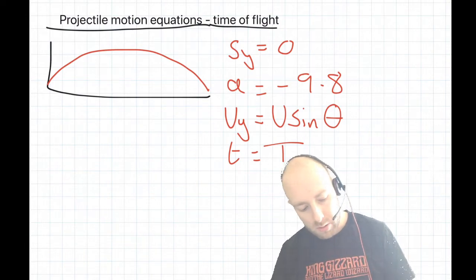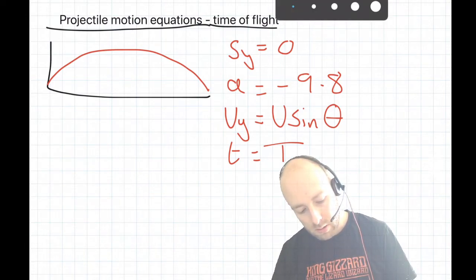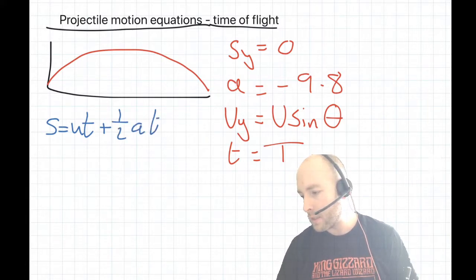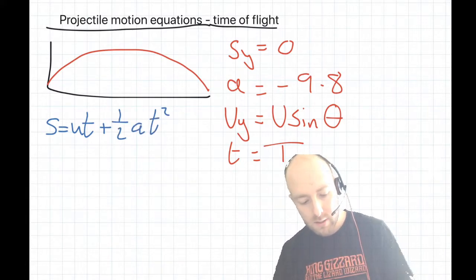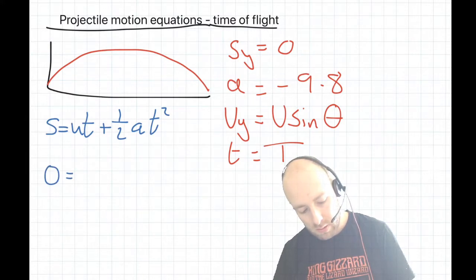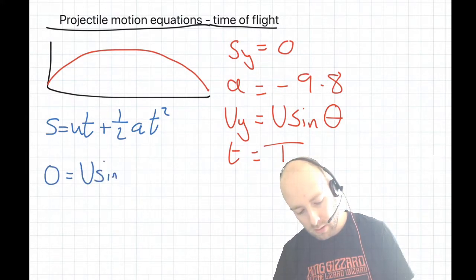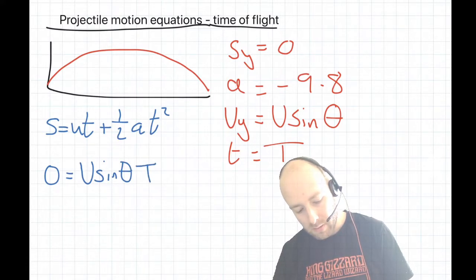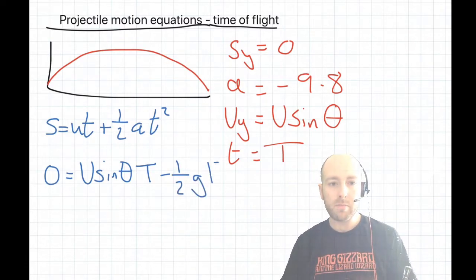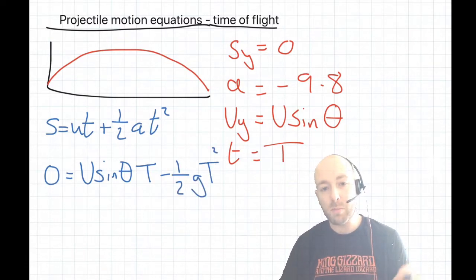So we're going to use this equation, S equals UT plus half AT squared. Put all the stuff in, so you get 0 equals U sine theta T minus half G T squared.